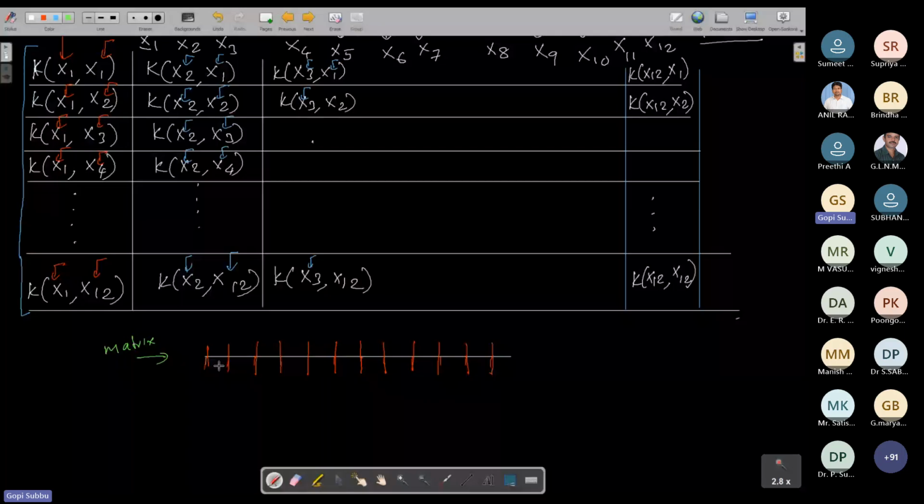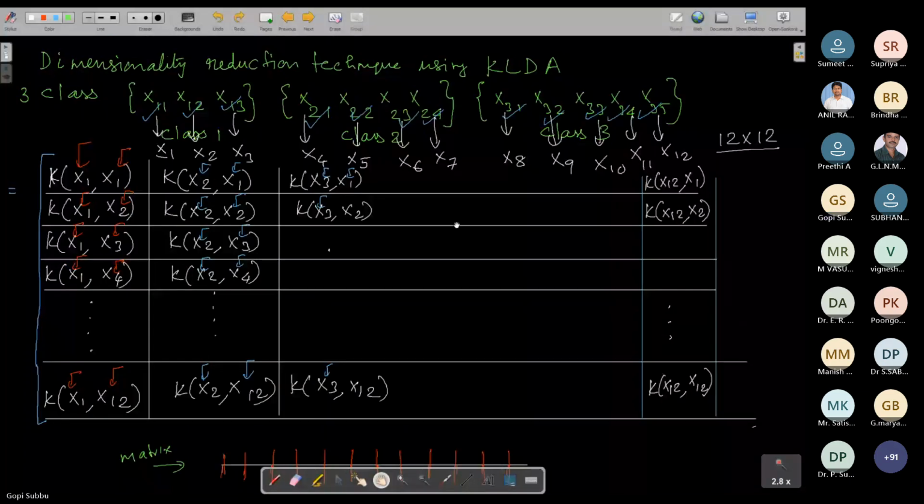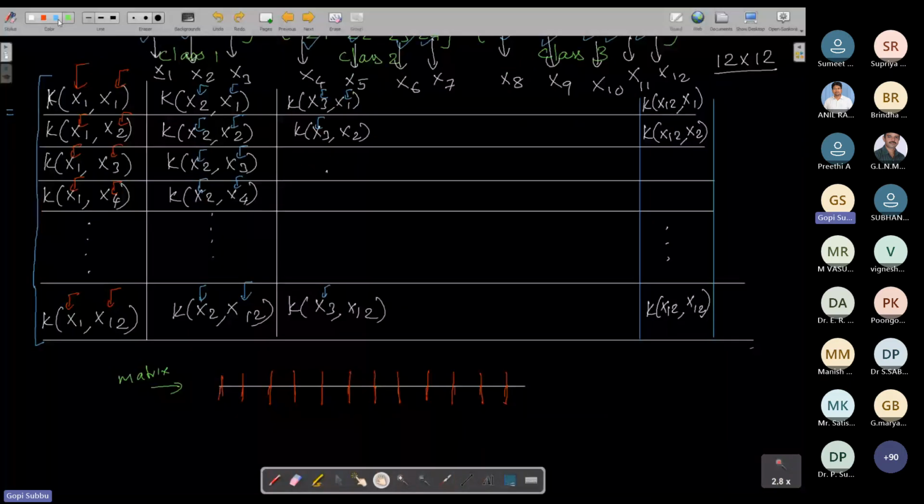Now what you do here is, you know that originally there are 3 vectors available in class 1, 4 vectors in class 2, and 5 vectors in class 3, right? So accordingly, you are going to group them. These 3 columns from this matrix and this matrix are the same. Don't get confused, right?